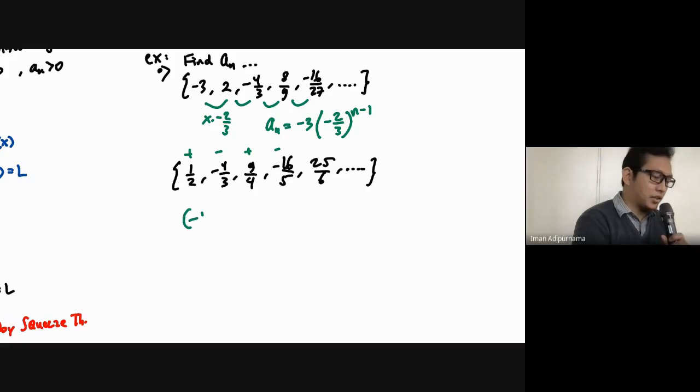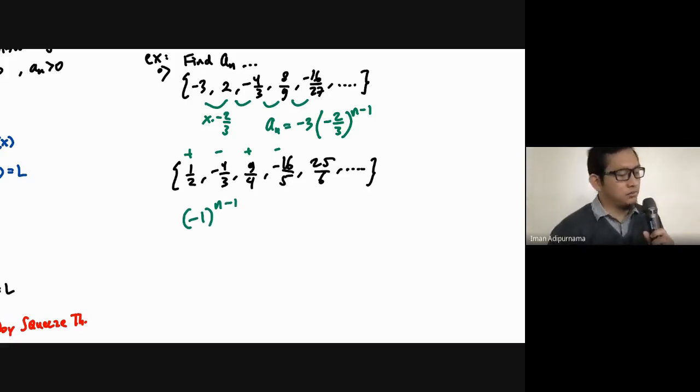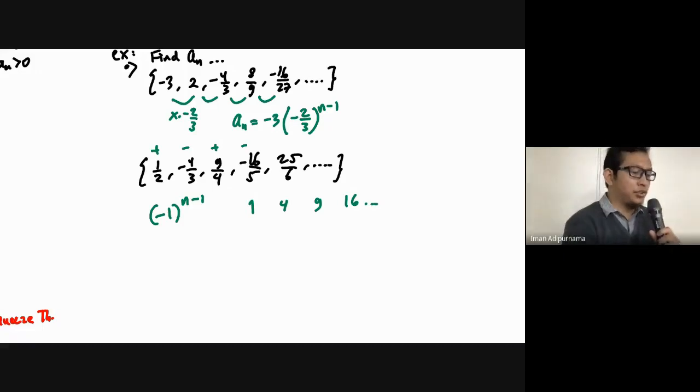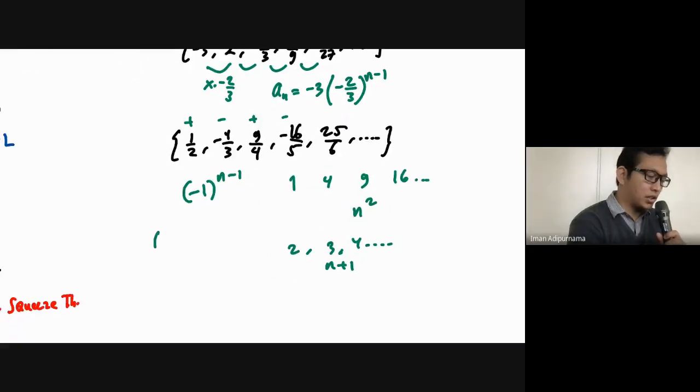So you can start with negative 1 to the n-1. And then you have 1, 4, 9, 16, which is n squared, right? And the bottom one is just 2, 3, 4, which is n plus 1. So you can write negative 1.